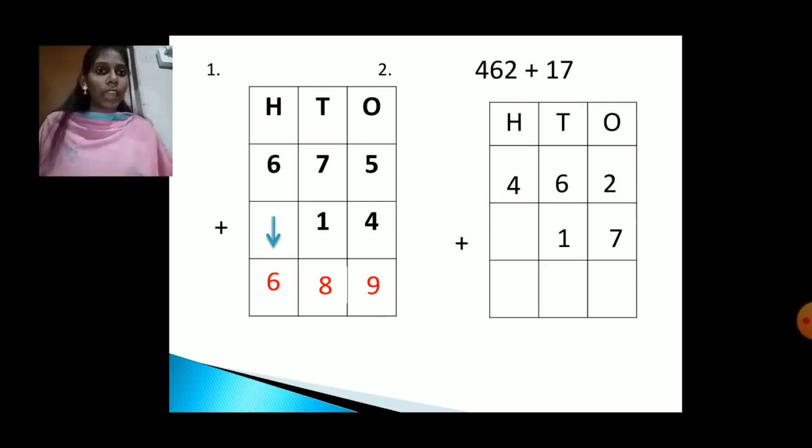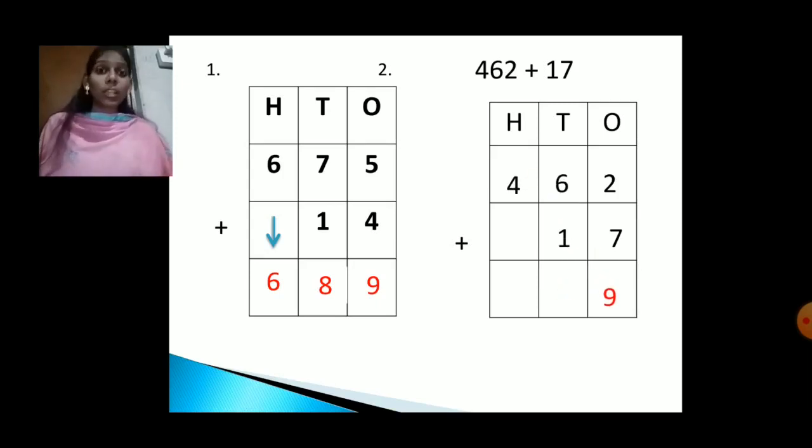Now our next step is to solve the sum. Here you have to add. Now we will start the addition from the ones place. Correct? So we will add 2 plus 7. Here at the ones place you have to add 2 plus 7. Now tell me, 2 plus 7 equals how many? 9. Very good. So 9 we will write under the ones place.